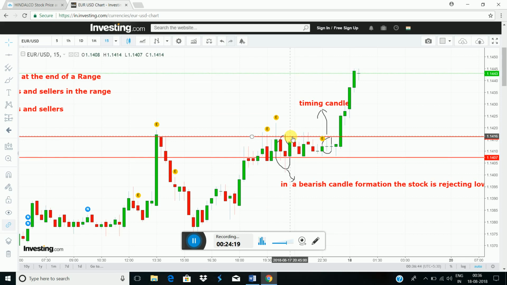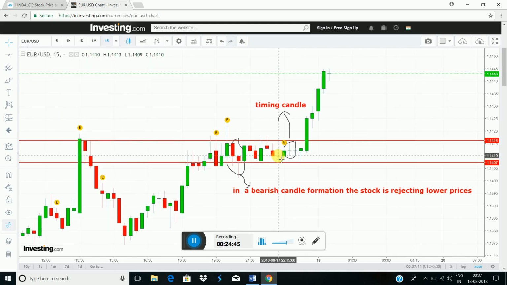And then finally, the fourth rule is enter the trade. So we have seen that in the range, buyers are strong. Previously, in the movement which preceded the forming of a range, again, my buyers were strong. So in which side will we take the trade?